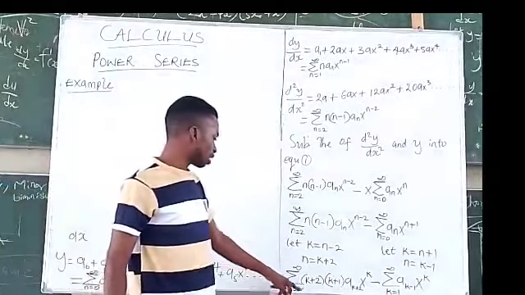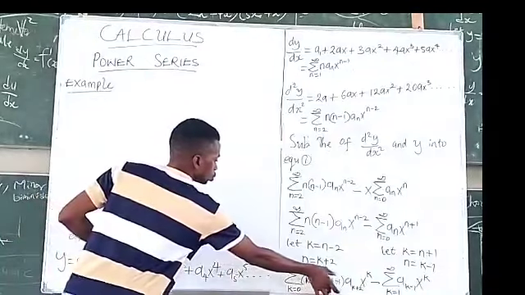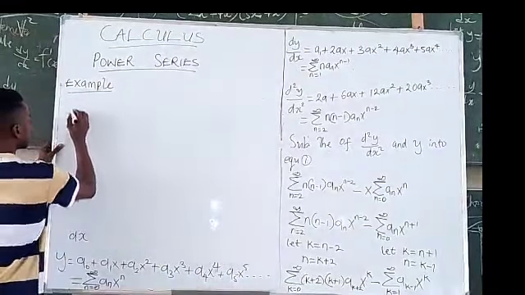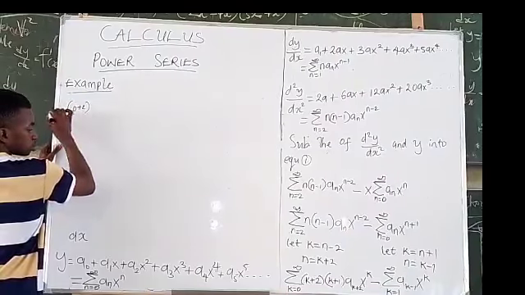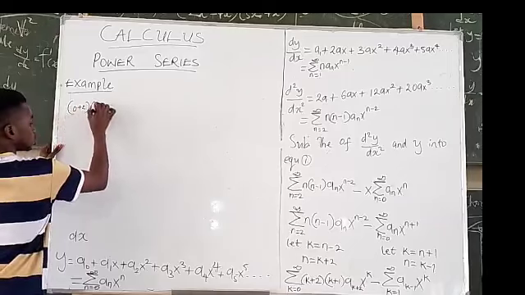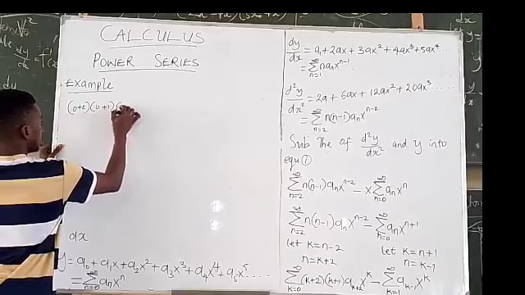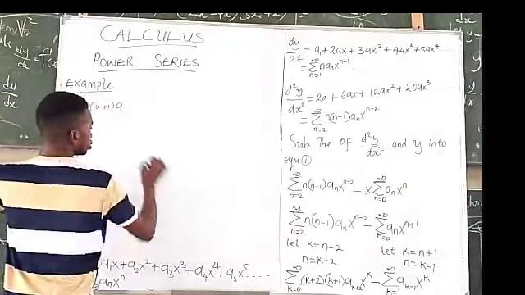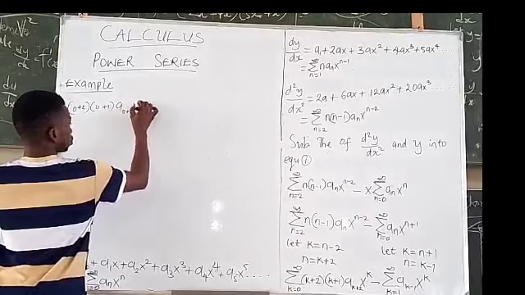From here, if we substitute k, we'll be having 0 plus 2 times 0 plus 1, then a, 0 plus 2, then x to the power 0.